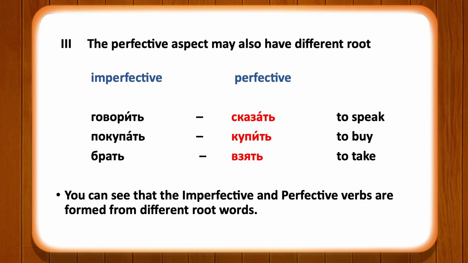Here also the perfective aspect differs from the imperfective aspect verb by having a different root. I will repeat: gavarij, skazaj, pakupaj, kupij, brach, vzять. You can see that the imperfective and perfective verbs are formed from different roots.